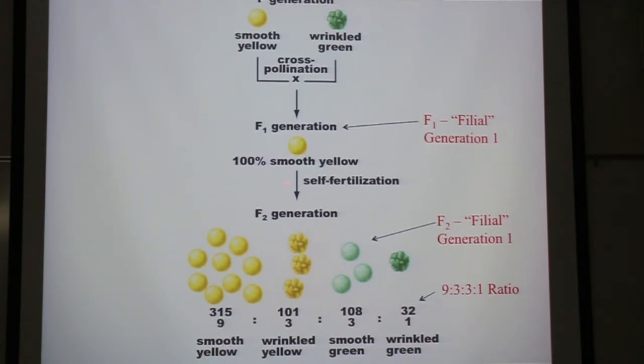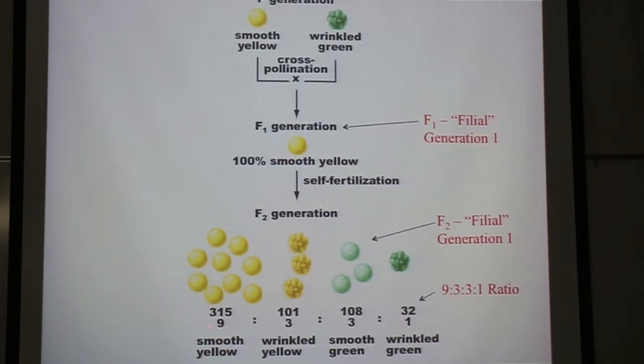In the F2, when you self-fertilize that one with itself, or cross it with something that had the same genetic combination, you would get a 9-to-3-to-3-to-1 ratio. Again, these are ratios, not necessarily how many you get.